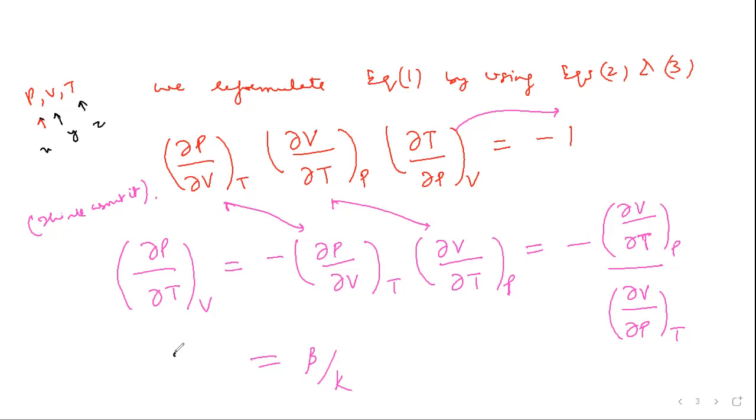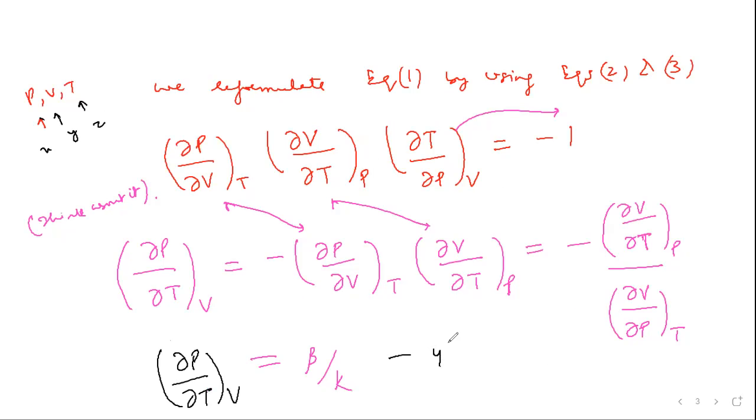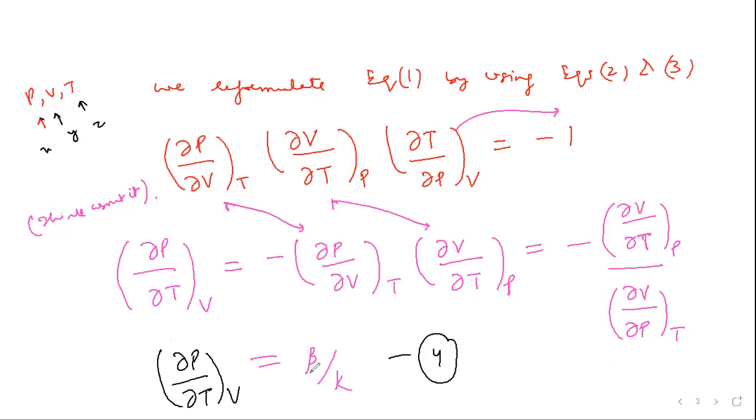Let me name this equation: dou P by dou T at constant V equals beta by K. This is my 4, and this was 3.